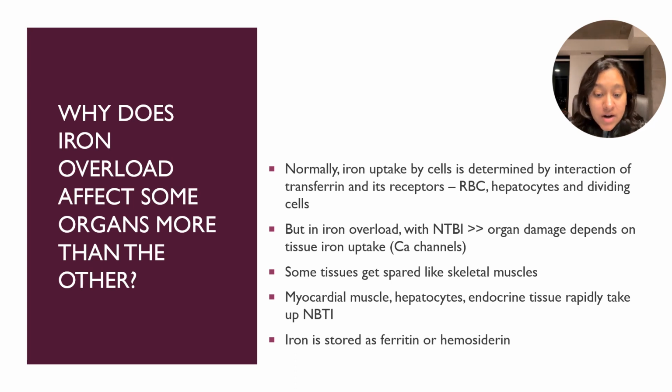But the myocardial muscles, the hepatocytes, and the endocrine tissues are the ones that rapidly pick up the non-transferrin bound or free iron, and that's the reason why the liver, the heart, and the endocrine organs are affected the most. Once iron enters these organs, it is stored as ferritin or hemosiderin, which we are then able to measure or visualize on imaging as markers of iron overload.